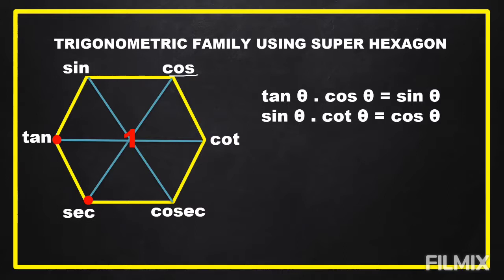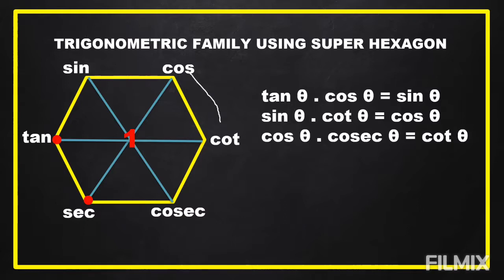Sine theta multiplied by cotangent theta is equal to cosine theta. Okay, another one. Cosine theta multiplied by cosecant theta is equal to cotangent theta. Okay, next example.